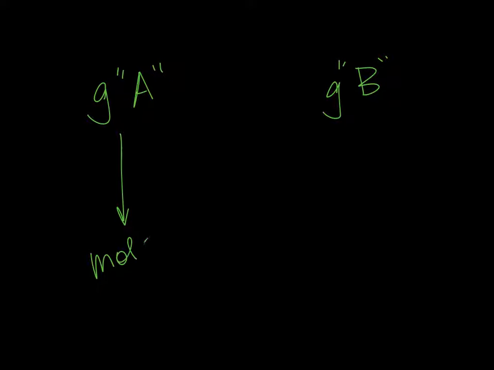So if you have grams of something, we'll just call it A, and you want to get to grams of B, grams of something else, then the first thing you have to do is you have to get to moles of A. Then you can go to moles of B, and then you can get to grams of B.